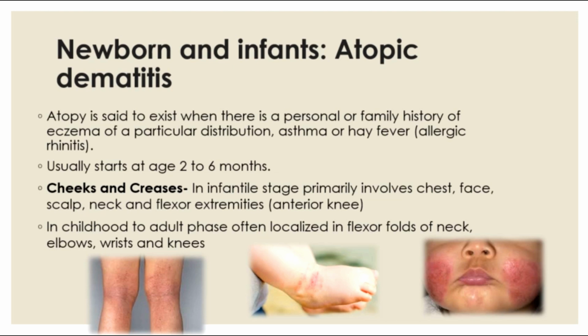The rash occurs on the cheeks and increases, primarily involving the chest, face, scalp, neck, and flexor extremities. Note briefly that the anterior knee is the location in infants, as opposed to in childhood. You'll find it on the posterior aspect of the knee, which is called the flexor fold of the knee.